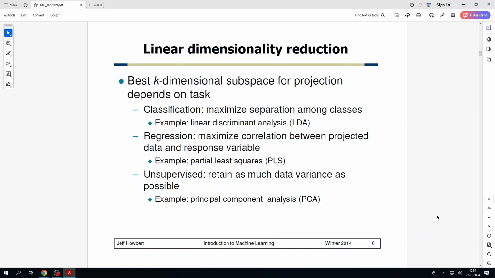Now, if you are working with a regression, that is forecasting weather or predicting prices or maybe stock analysis and stuff like that, then in this particular case, what we want to use instead is the partial least squares method.